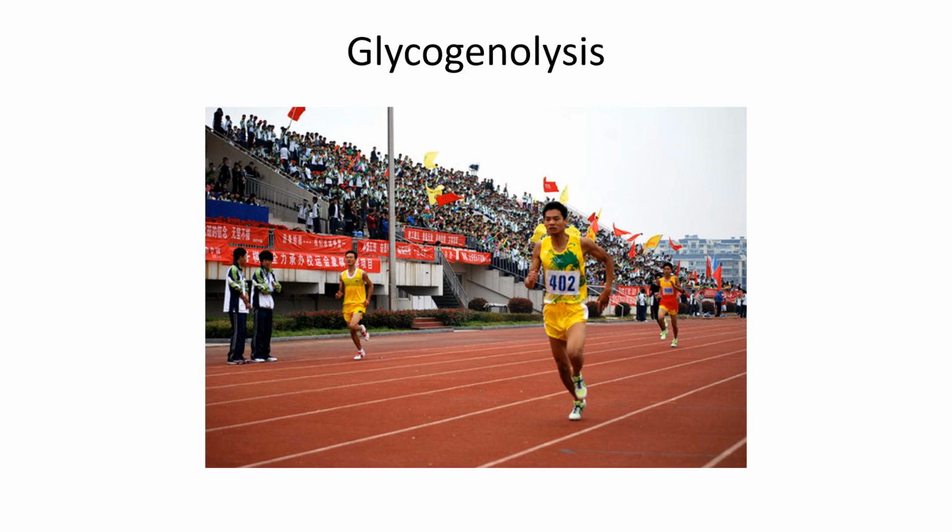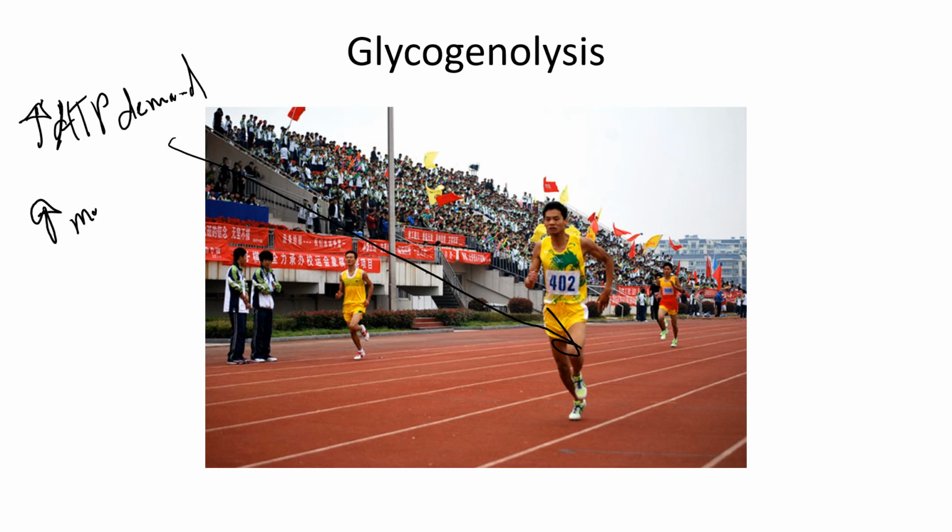So during this instance of a sprint, the ATP demand within this person's skeletal muscle cells is very high. And that means those muscle cells need to make a lot of ATP.